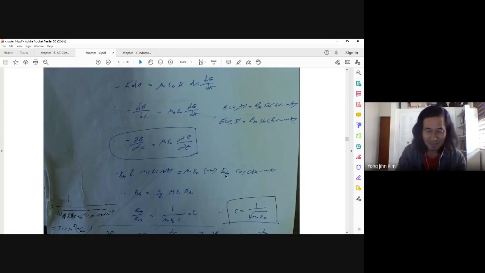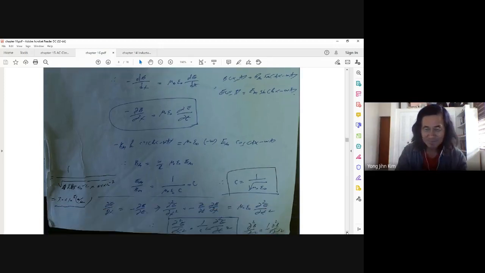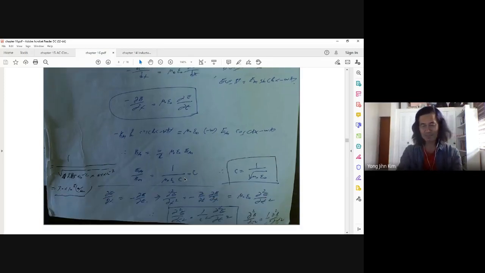Then I move Bm to here, so Em over Bm is equal to omega over k, which is c, so 1 over mu 0 epsilon 0 c, and this one is c. We just found it on the previous page. So from this equation, speed of light is given by 1 over square root epsilon 0 mu 0.